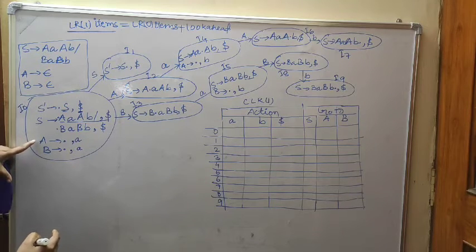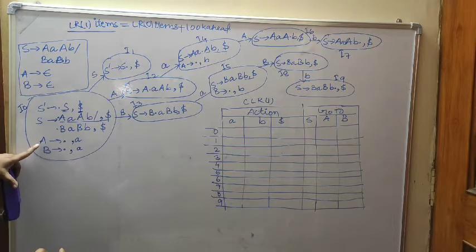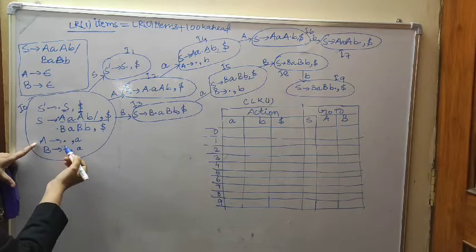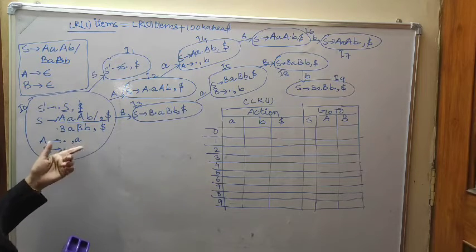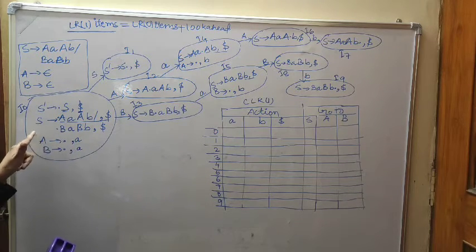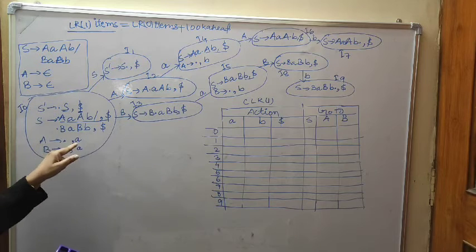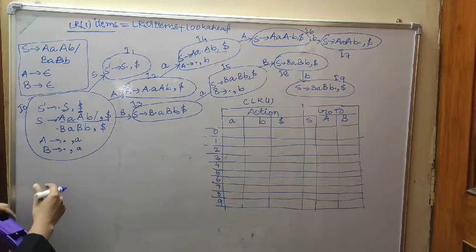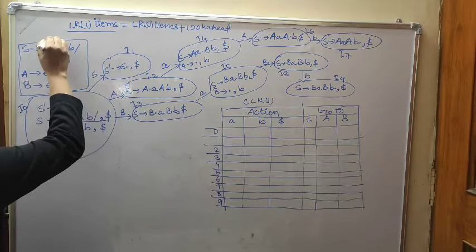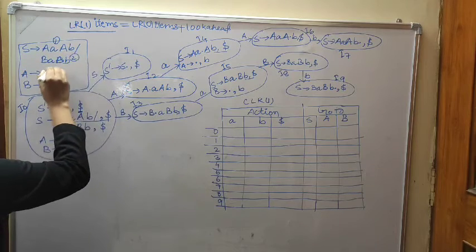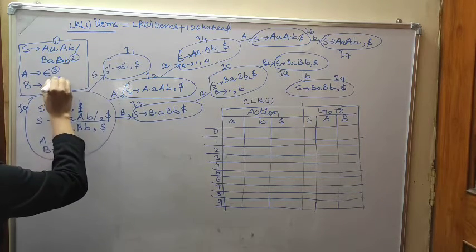0 number state has two final items. In SLR1 we check in the follow of A, but here we will go to the look ahead. So what is the look ahead? Here also give the production rules 1, 2, 3 and 4.